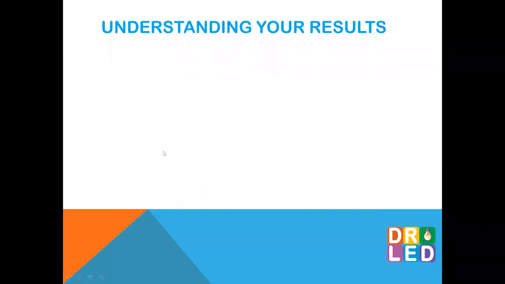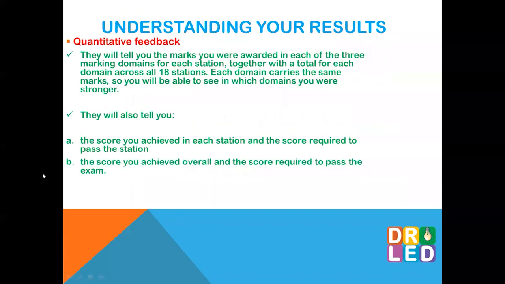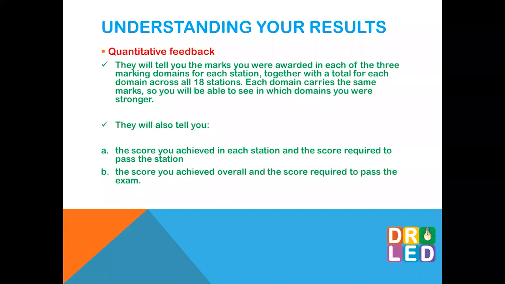Okay, so understanding your results. Quantitative feedback. You need to understand your results. They will tell you the marks you were awarded in each of the 3 marking domains for each station.